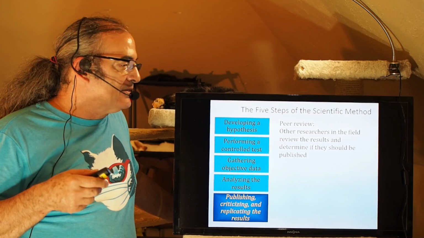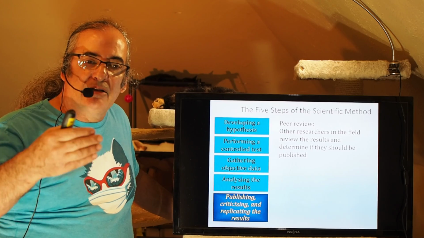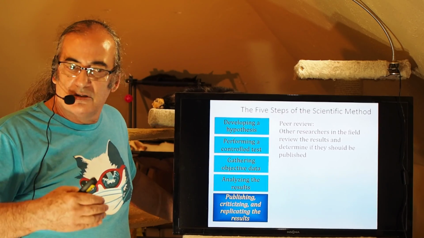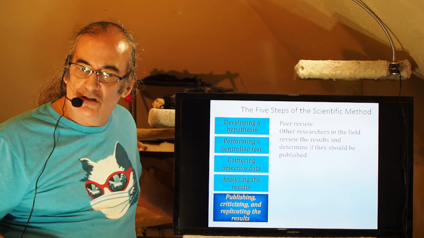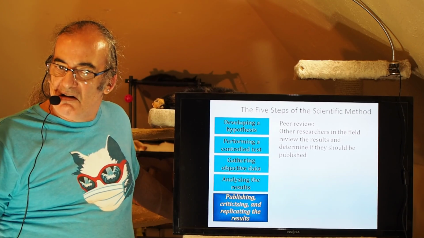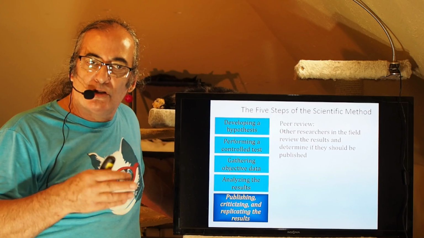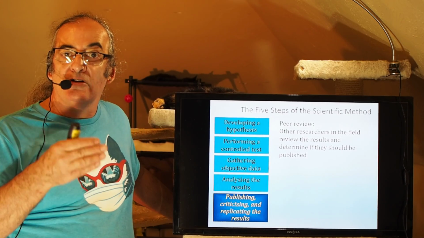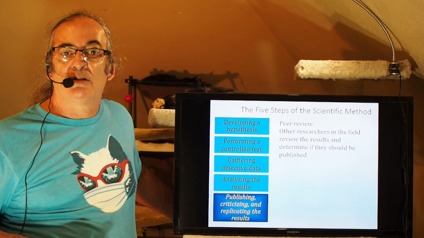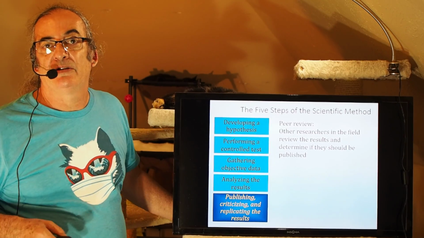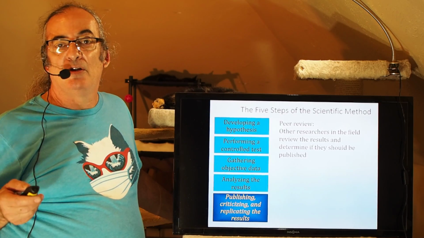But what happens is then the journal editor, Paula Niedenthal, was the journal editor at the time. She looks at the article, she reads it, and she says, okay, this sounds pretty good. I'm going to send it to 3 people who are known to do work in this area, and we're going to have them review it. So that's the peer review, and their job is to pick the article apart, to find any potential flaws.